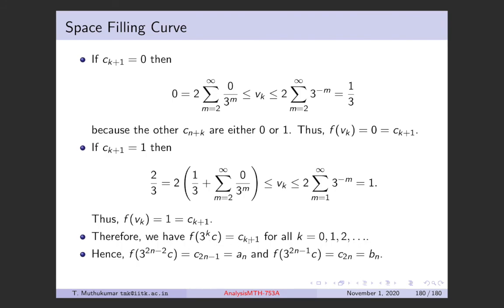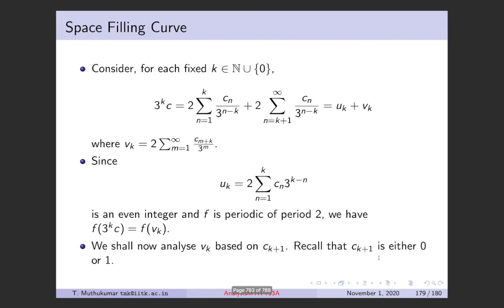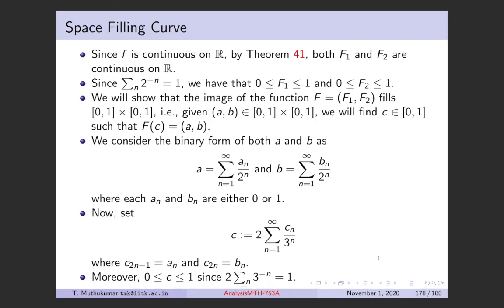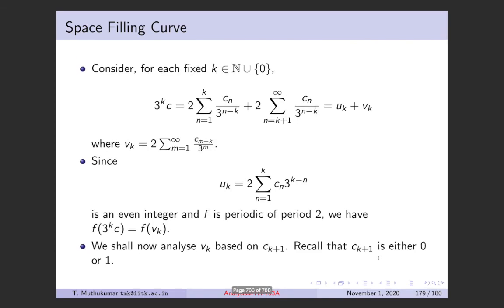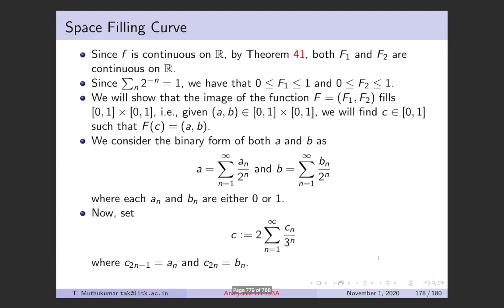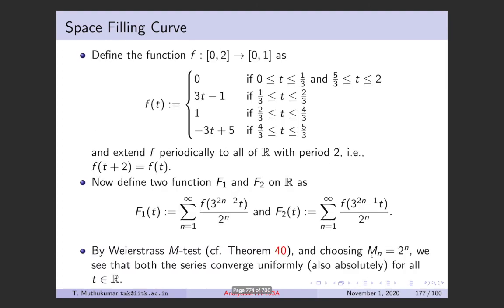By this formula this is c_{2n-2+1}, which is c_{2n-1}, which is precisely a_n. Similarly, f of 3^{2n-1} c is c_{2n}, which is precisely b_n. Okay, so if you replace in the definition there with a_n and b_n, this becomes a_n, this becomes b_n, and that is nothing but the binary expansion of a, and this is the binary expansion of b.